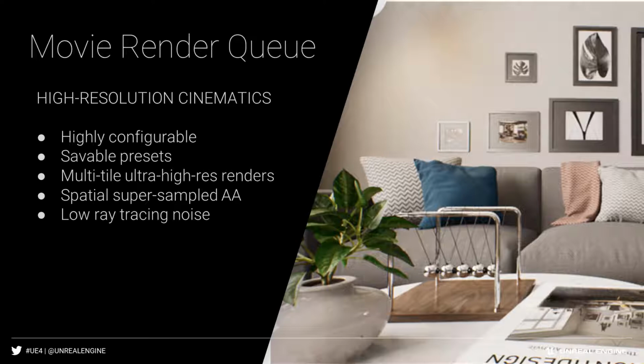It provides you with a very highly configurable export tool that allows you to create presets that you can save. And then you can create images as high as 20K, I believe, in resolution. And the way it does that is it literally cuts the image into pieces or tiles, and then those tiles are able to be put back together after being output into the final full high resolution image.